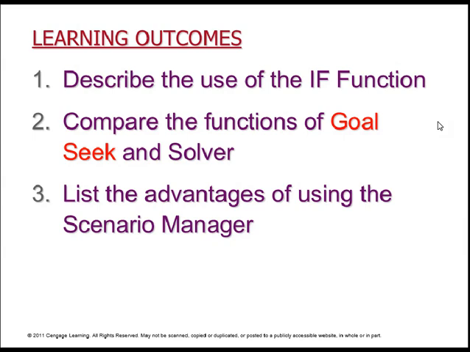The goal seek feature can eliminate a lot of unnecessary calculations and work on your part. Goal seek will repeatedly try new values in the variable cell to find a solution. And that's what you want in your result cell.